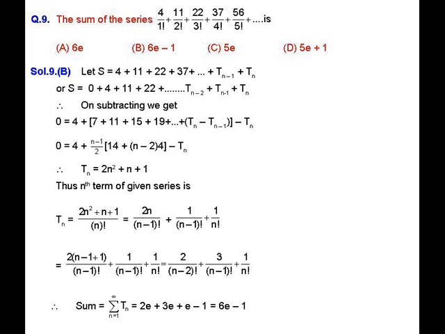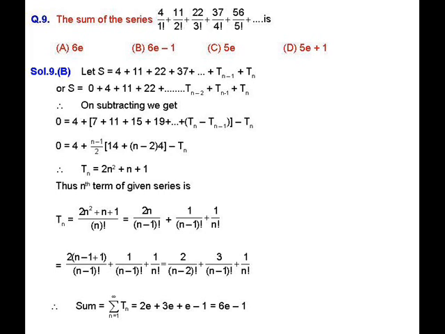When we compute its sum, we have n minus 1 divided by 2 times 14 plus n minus 2 times 4. From here we can find Tn equal to 2n square plus n plus 1.